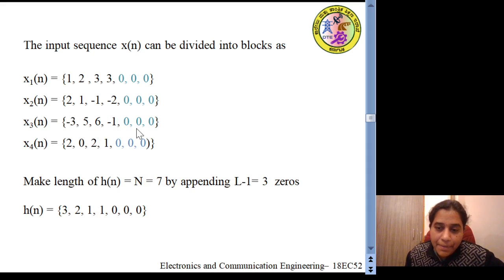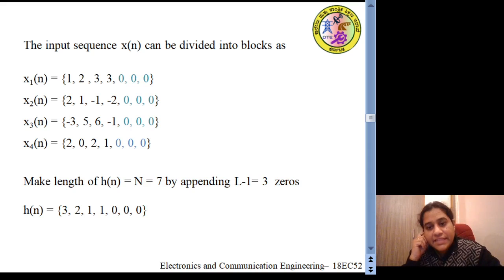This is appended with M minus 1 zeros, that is 3 zeros, to make the length of x3 of n again 7. Similarly, the last block of input, that is x4 of n, has the last 4 samples of x of n, 2, 0, 2, 1, which is appended with 3 zeros, such that the total length of this particular block is also 7.